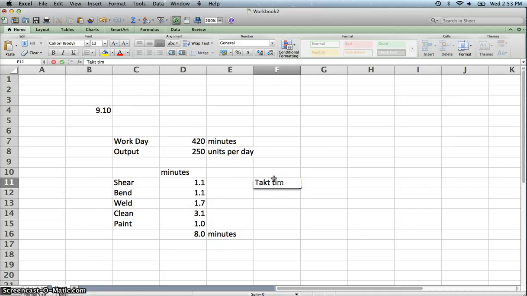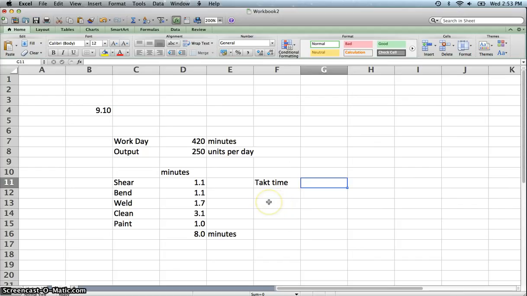Tack time is the same as cycle time, as you'll see in the third video, but we use a different term to distinguish between the two procedures. Tack time is always the much simpler process where we're looking at just the number of workers. In the more complex process, we'll look at the cycle time, which is calculated the same way, and look at the minimum number of workstations instead of the minimum number of workers.